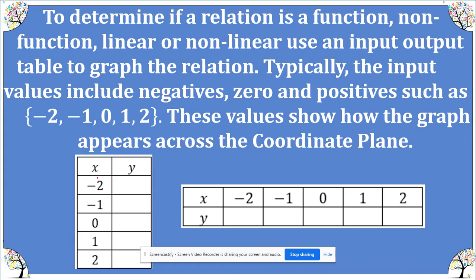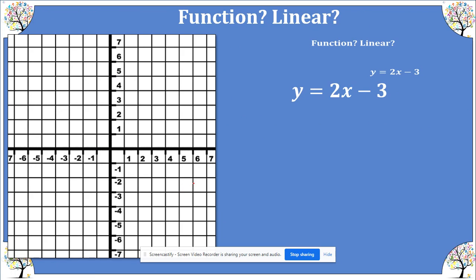You can choose any points you want, but these are a good selection because we can see what the graph looks like on the left side of the y-axis, what it looks like when x is 0, which would be the y-intercept, and a couple of points on the right side of the y-axis. So let's do one here, and we're asking, is this function linear or not?